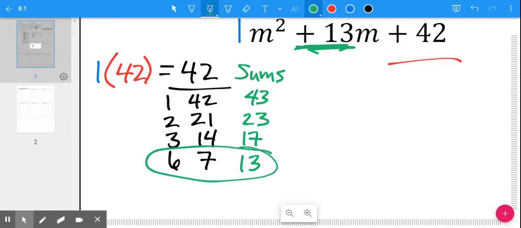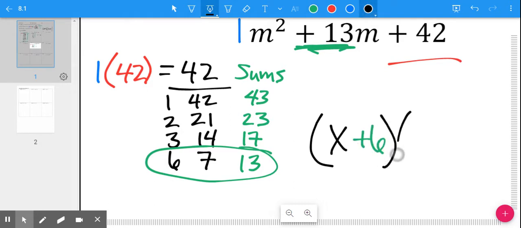So again, since the a value is 1, we can simply just jump over to writing our intercept form. So we have x, one of our factors is a positive 6, and x, the other factor, is a positive 7.